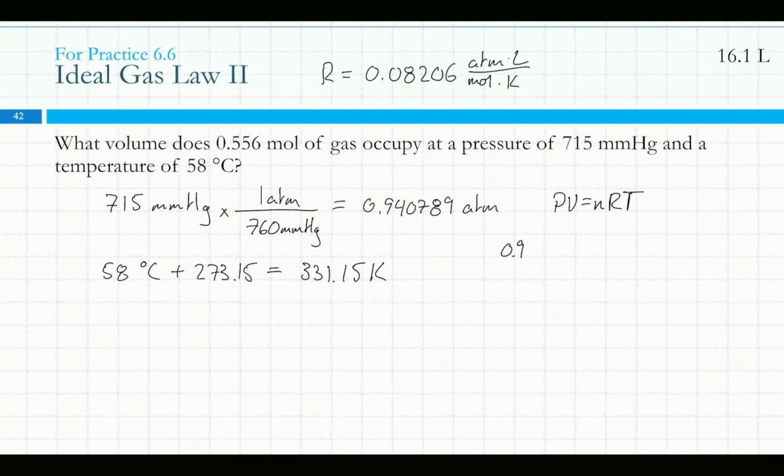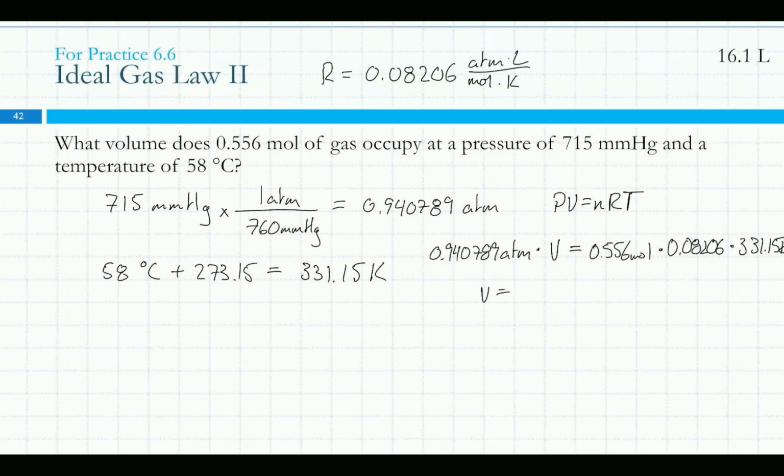It's going to be this. Volume is what we're looking for. Then 33115.556, and this, and then divide by.